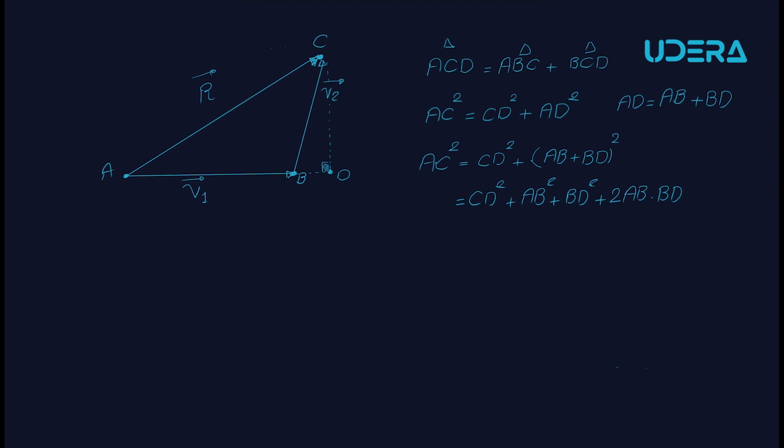Also from the triangle BCD, I can write another Pythagorean theorem, which is BC power 2 is equal to BD power 2 plus CD power 2.